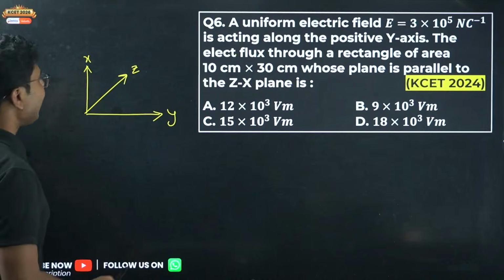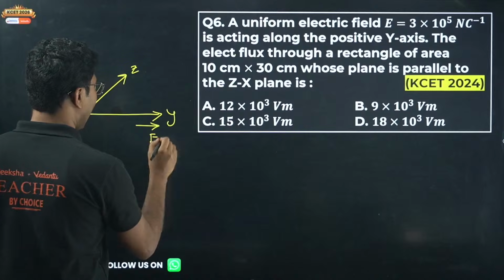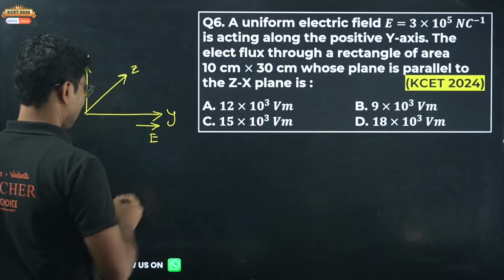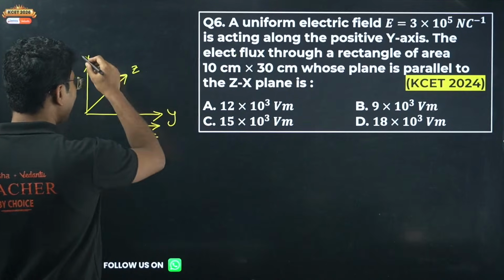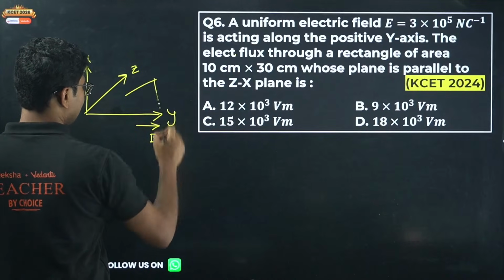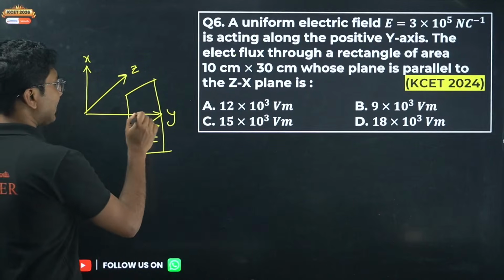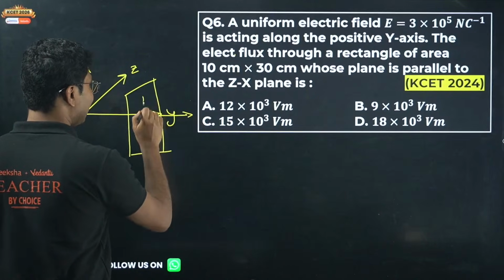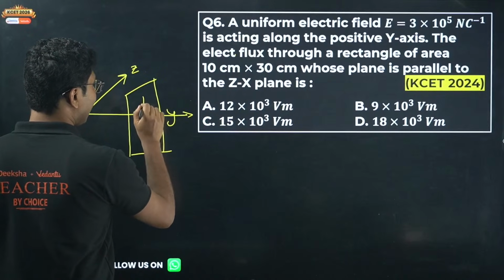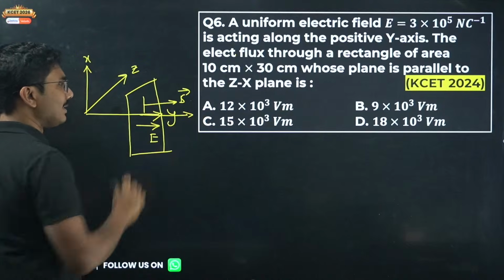Now it says that the electric field is along the y-axis, so this is the electric field, and a plane which is parallel to the xz plane, that means the plane is like this. So what is the angle here? If you see that the area vector, or S vector, and electric field vector are both in the same direction.